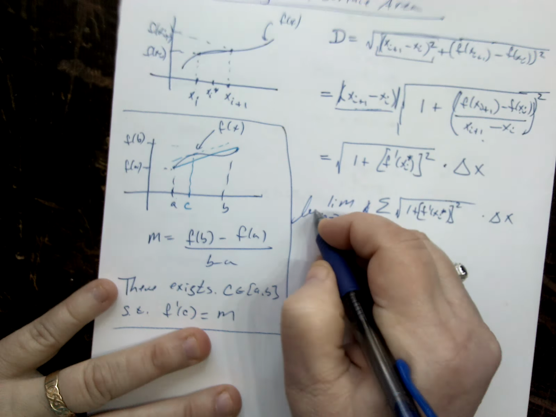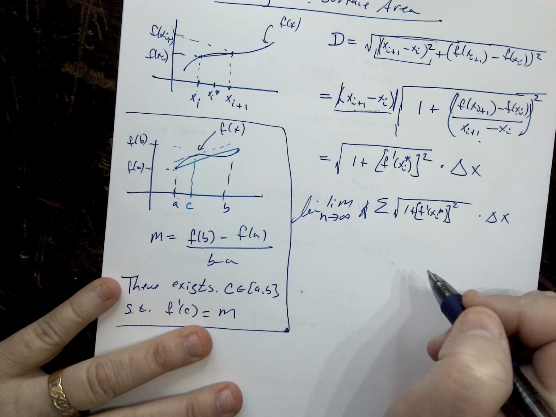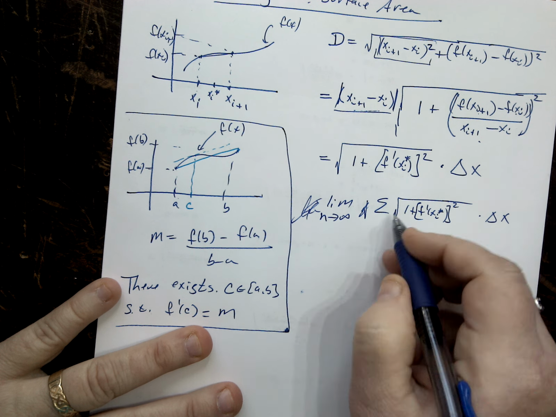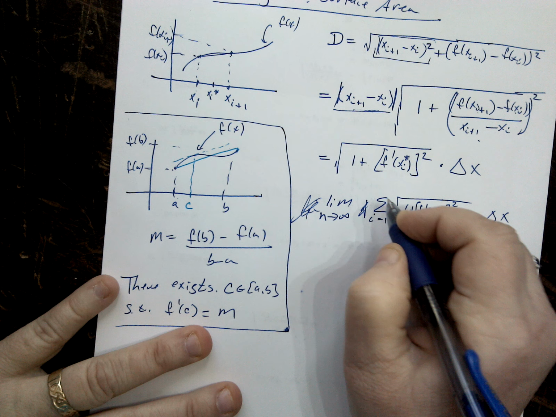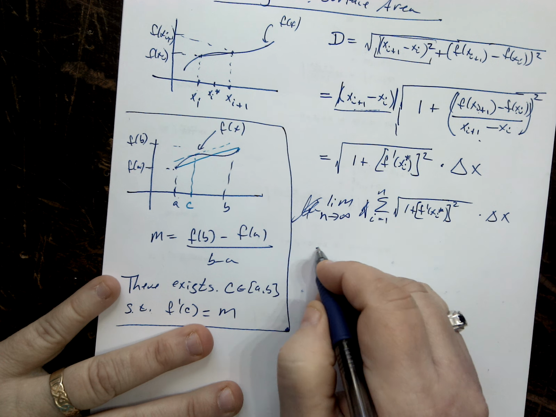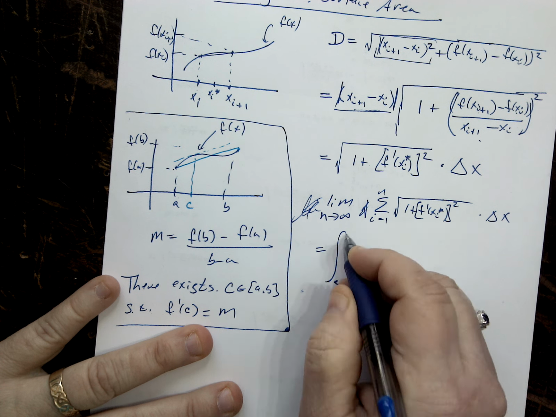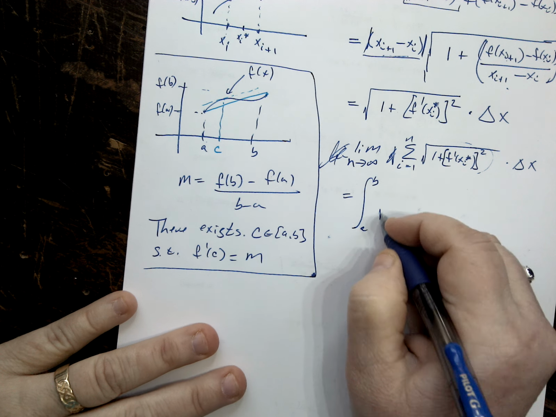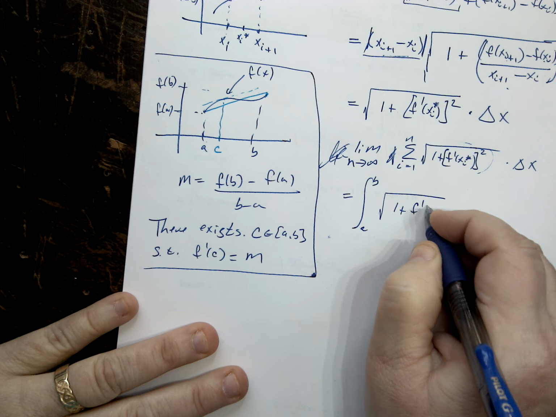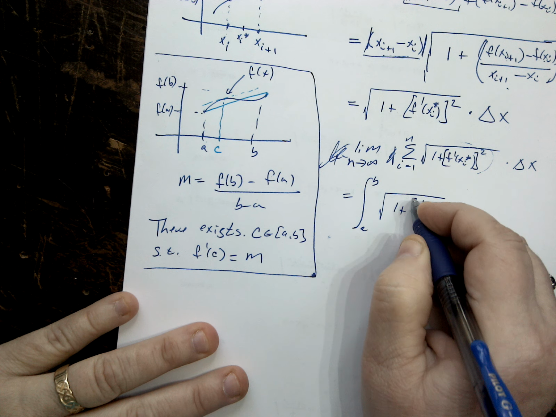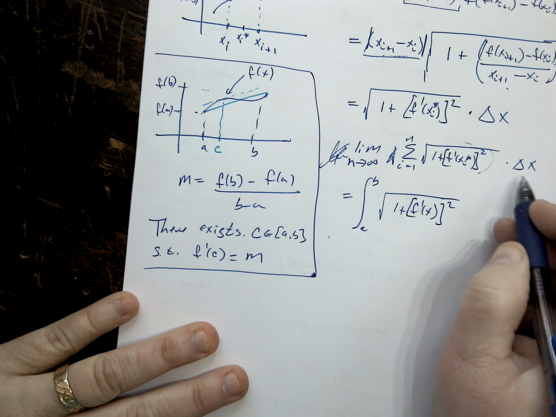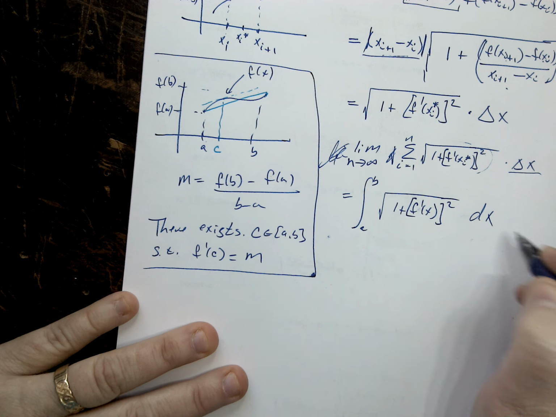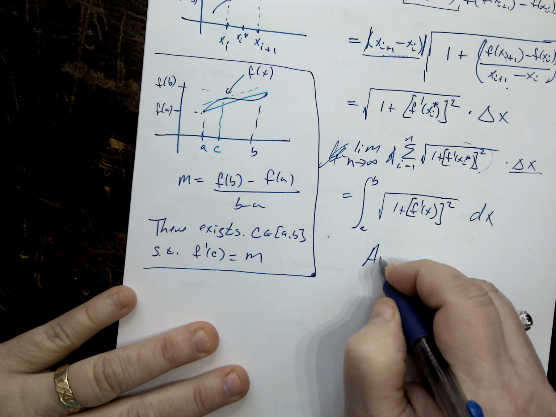And this is equal to the integral from a to b. This becomes the square root of 1 plus f prime of regular x squared, and the delta x becomes a dx. So this is my arc length formula.